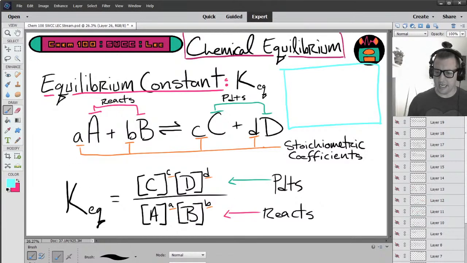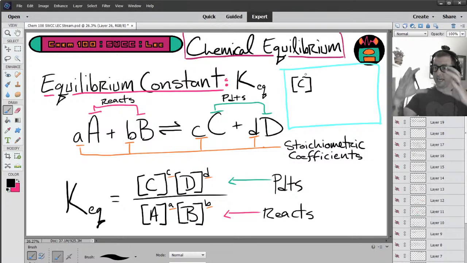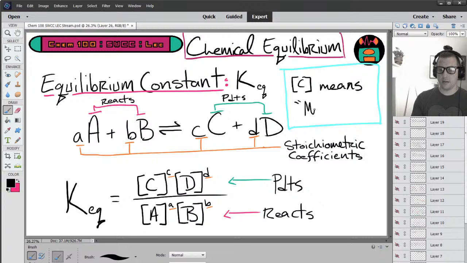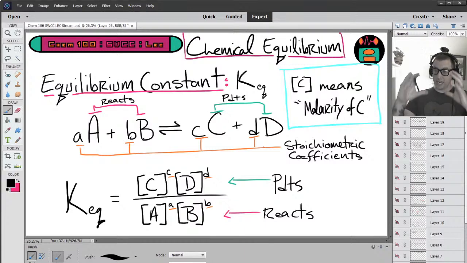One last thing that I want to mention here is these square brackets mean something specific. When you see something in square brackets, that means molarity. Molarity of C, that's what C in square brackets means. So anytime you see that square bracket, it's not just a parentheses. They're saying molarity goes here.